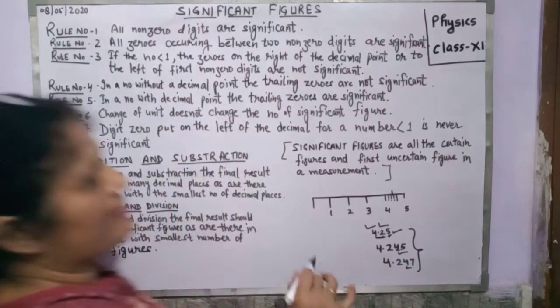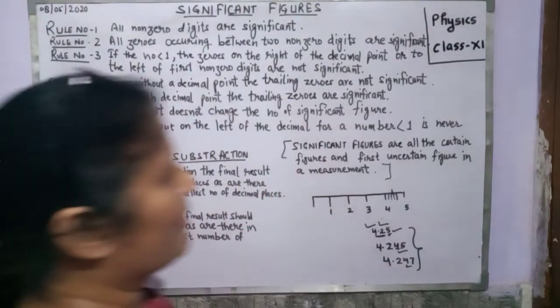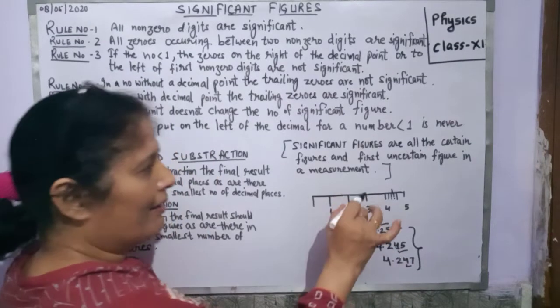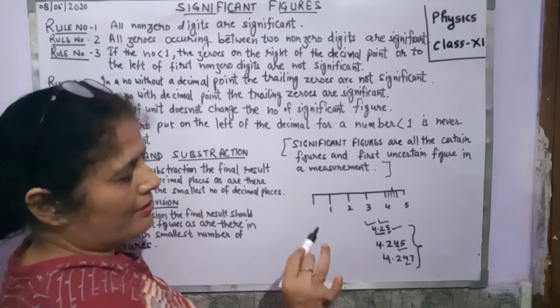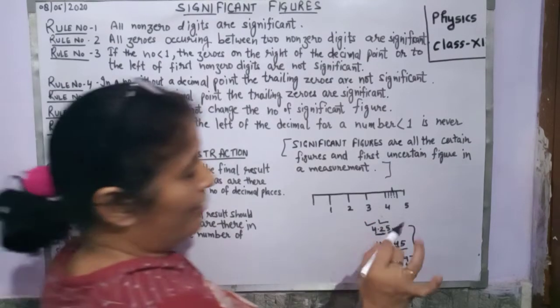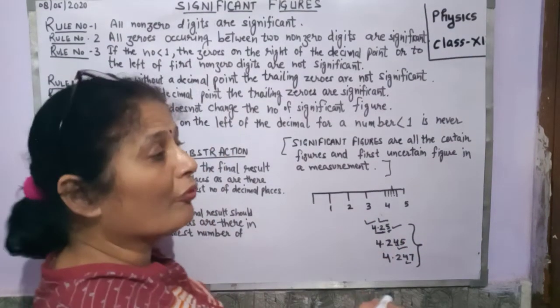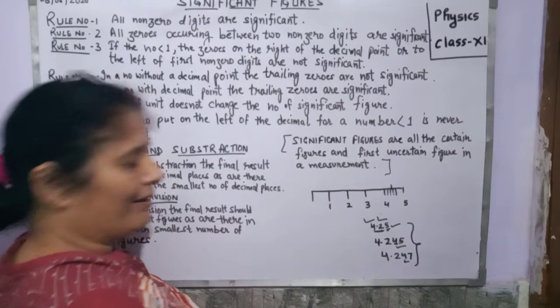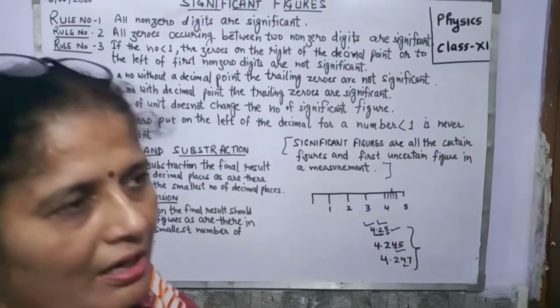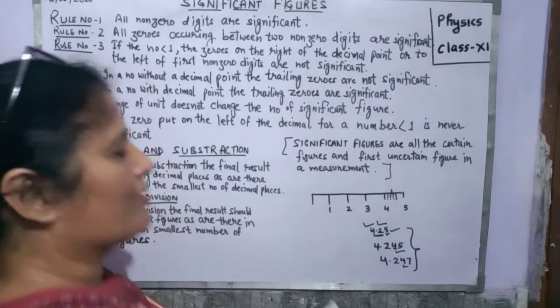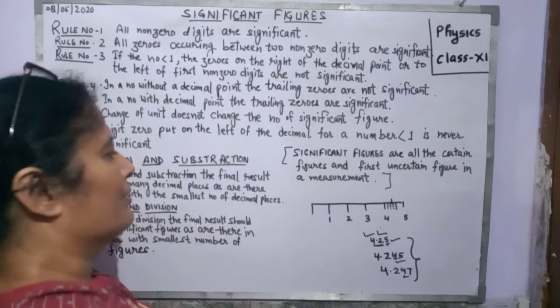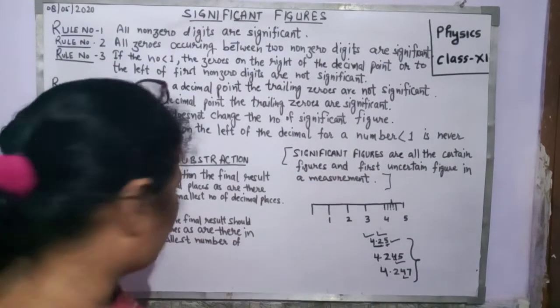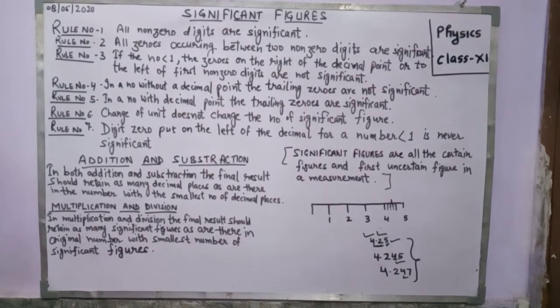That's why significant figures are the certain figures and the first uncertain figure in a measurement. All the certain figures, it may be 2, it may be 3, it may be 4. Then after those certain figures, the first uncertain figure which comes in the measurement. Then these are the significant figures. This is the definition of significant figures.